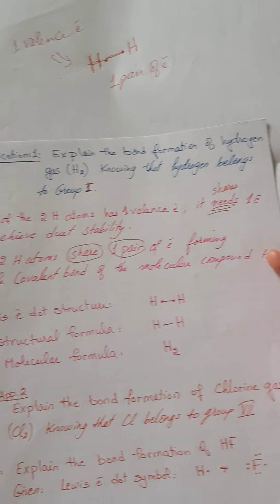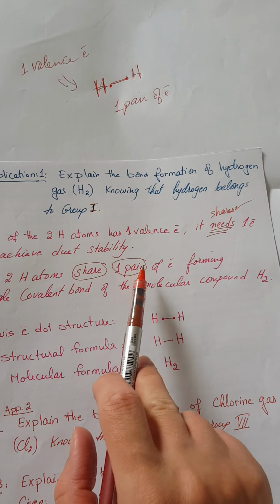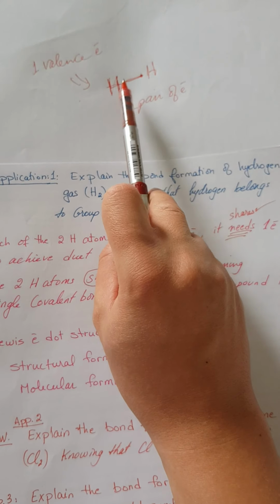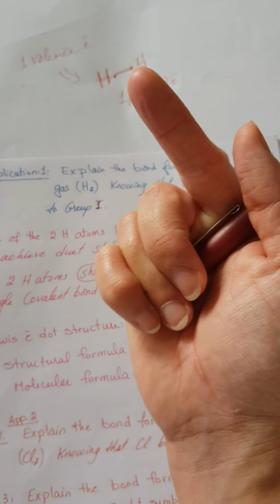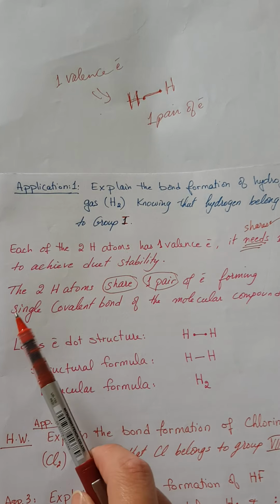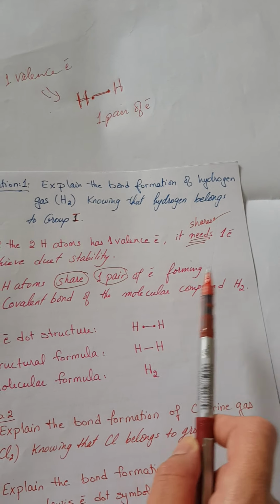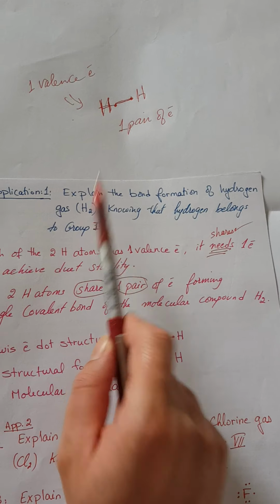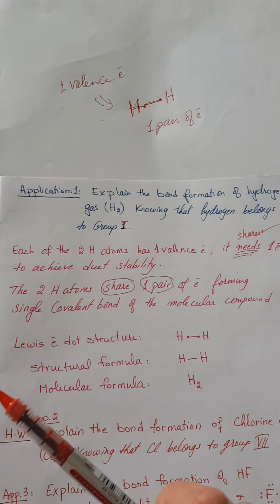You can also use it. So they are going to share one pair. Here I have two electrons forming one pair only. So I'll have a single covalent bond of the molecular compound H2, or you can say hydrogen gas.